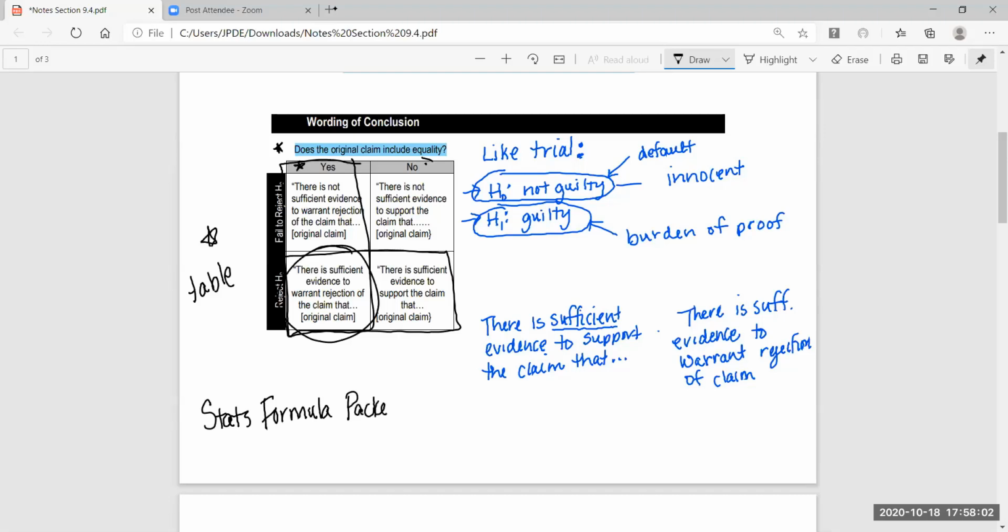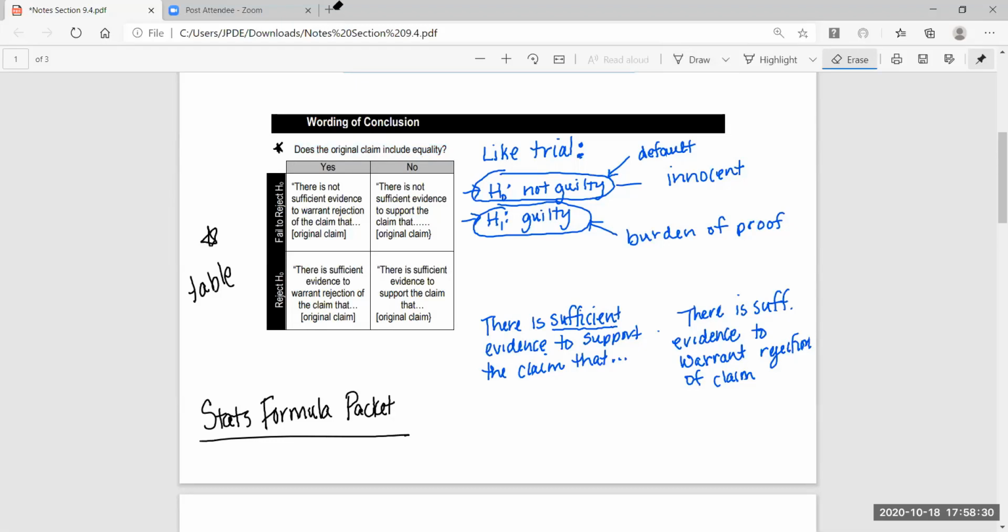When people come into the lab to get help, actually pre-COVID, when people would come in, sometimes they weren't aware of this formula packet. And this wording of the conclusion in there will make a big difference. And what will happen after you use it a little bit, you're going to get used to those statements, and maybe you won't need to rely on it as much.